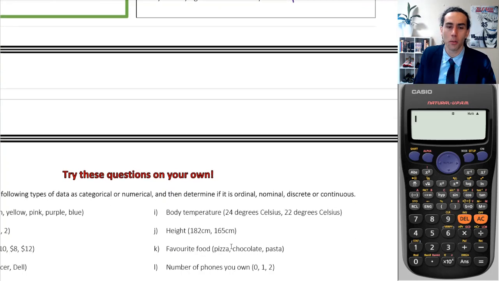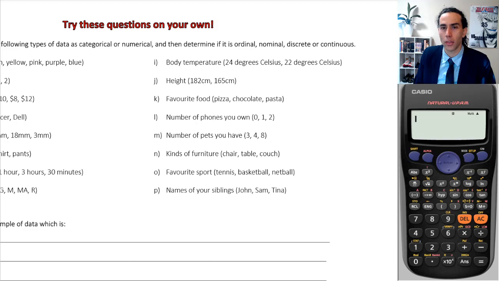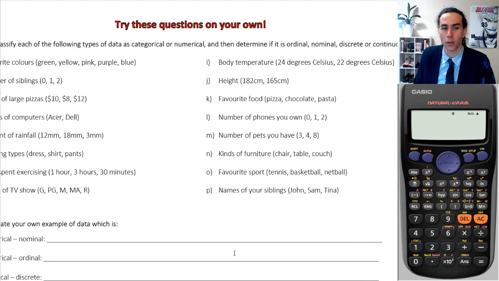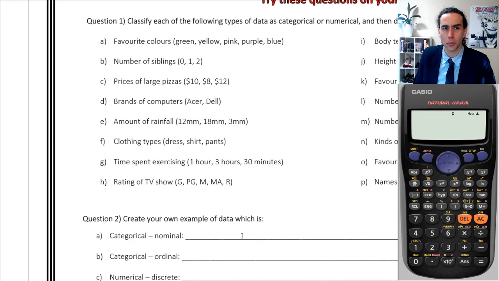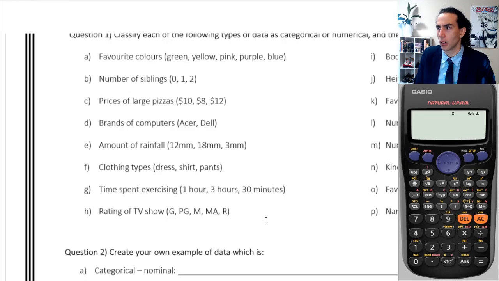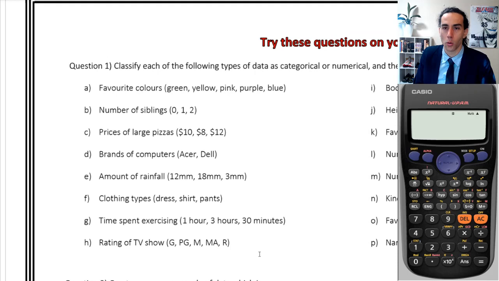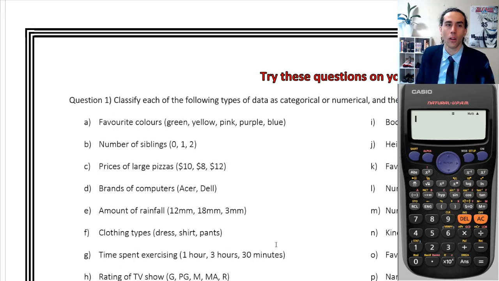Keep on moving. So I want you to have a go at these. I'm not going to do all of these for you. Now I'll stay zoomed in. Keep things big. So we're going to classify them. Okay, let's make this easy, so you don't have to write it out every time. Numerical.